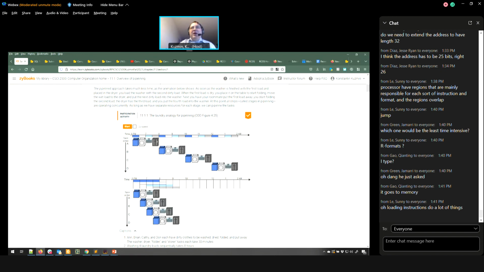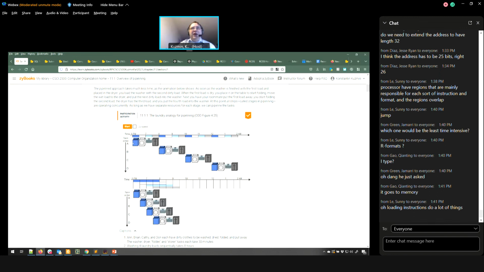And then if you have a second load of laundry, you just repeat this process. So if there are 4 different people, A, B, C, D, then we only have one washer, one dryer, one table, one closet. We cannot share them, so we have to do those loads of laundry sequentially.